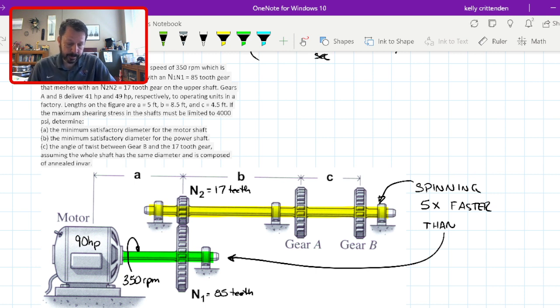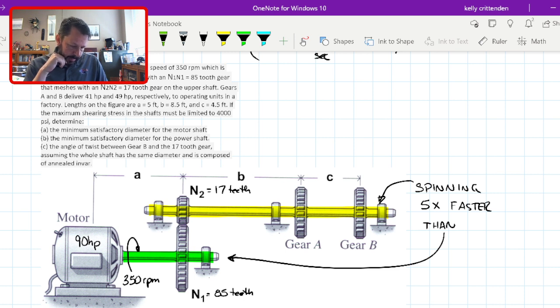Simultaneously, it is spinning faster, but it is delivering 5 times less torque. So we didn't calculate the torque yet from the green shaft, but the torque in the yellow shaft is 1/5 of whatever the green shaft is, because it's going 5 times faster. So those are paired together. If you spin it faster, it delivers less torque than the gear meshed shaft.